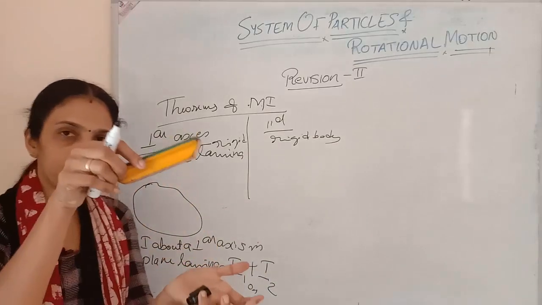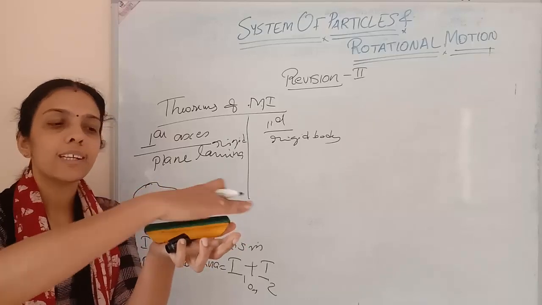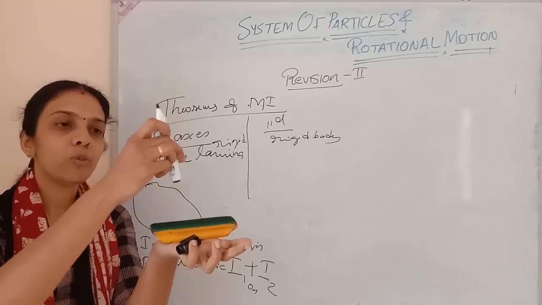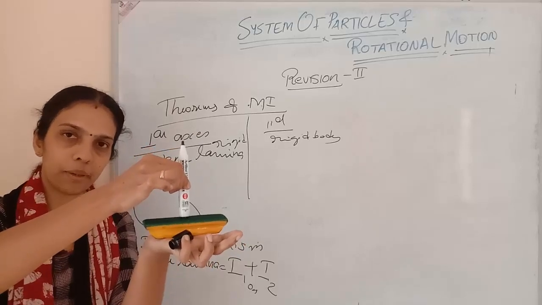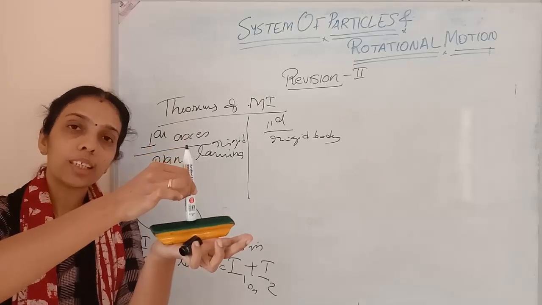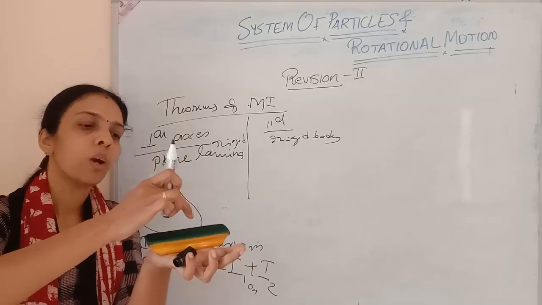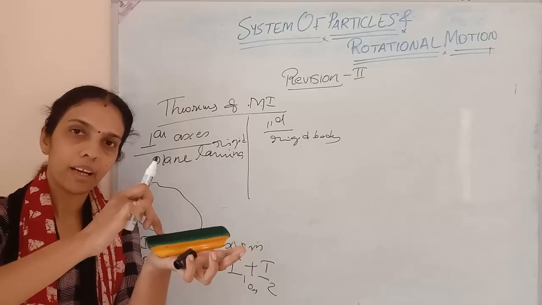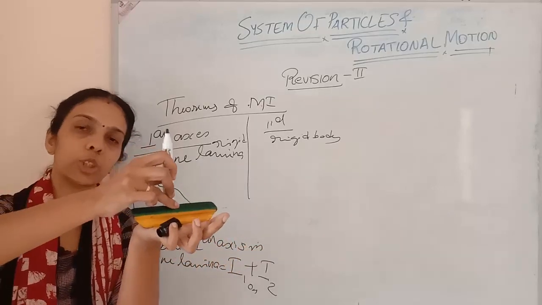If I am considering this as a plane lamina, and I want to find out the moment of inertia perpendicular to this plane lamina, then I should consider two perpendicular axes on this plane lamina starting from the same point. Of this point itself I should start.